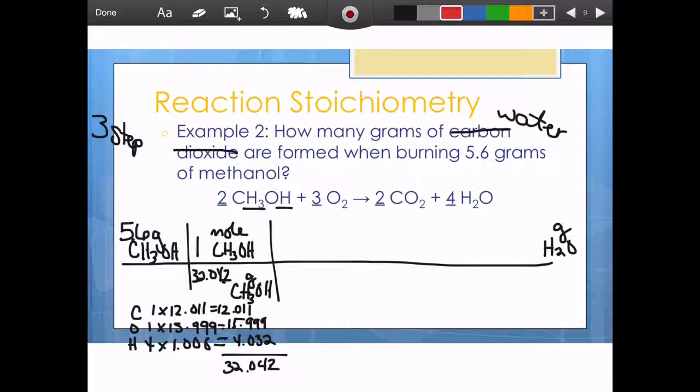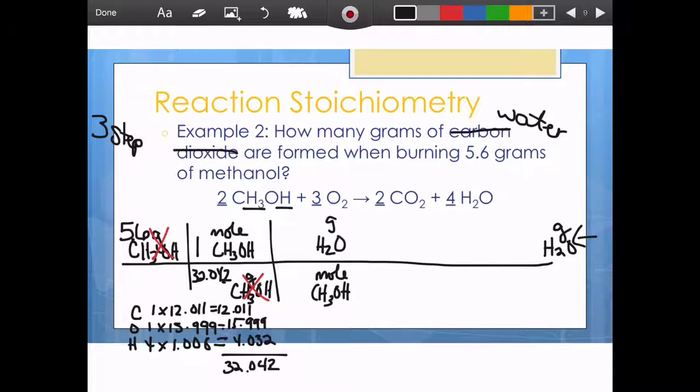With that, our grams of methanol cancel out and we're left with moles of methanol. Now that's not what we want, so we need to cancel out our moles of methanol, so moles of CH3OH. And if we don't know what we're going to go to, I always tell you put your goal up on the top. So we're going to put grams of H2O.